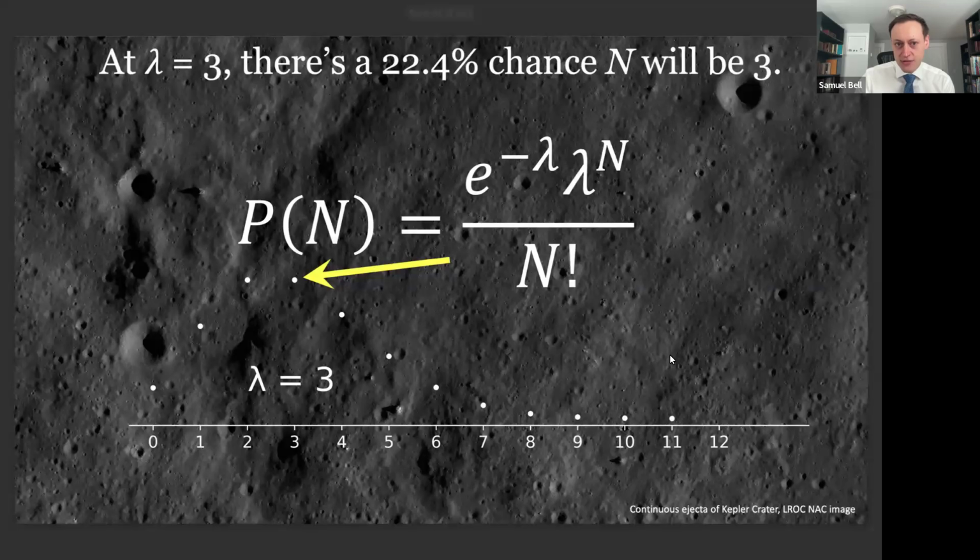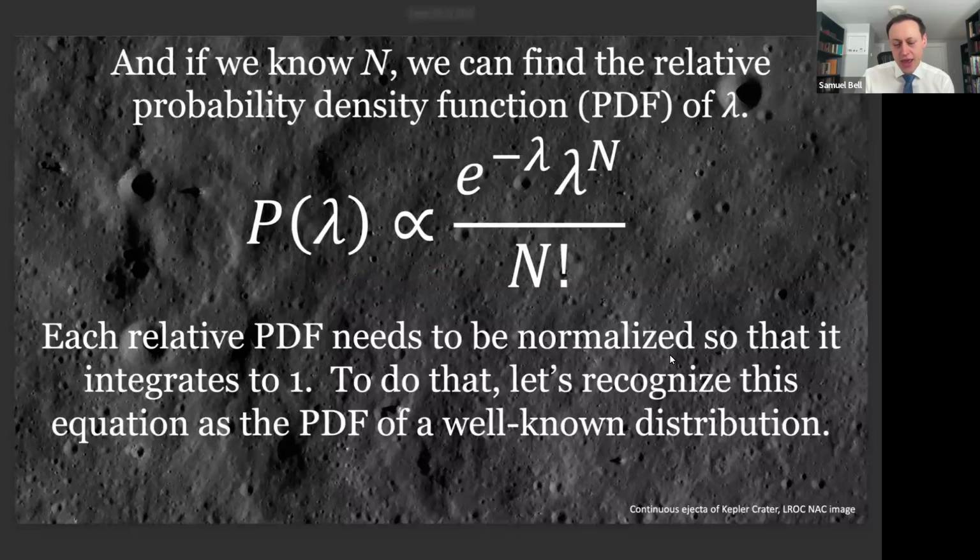At lambda of 3, there is a 22.4% chance that n will be 3. And if we know n, we can find the relative probability density function, or PDF. We're going to use that word a lot, of lambda. Each relative PDF needs to be normalized so that it integrates to 1.